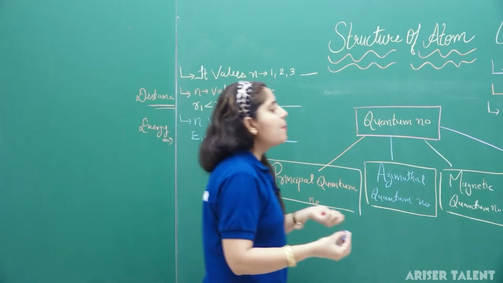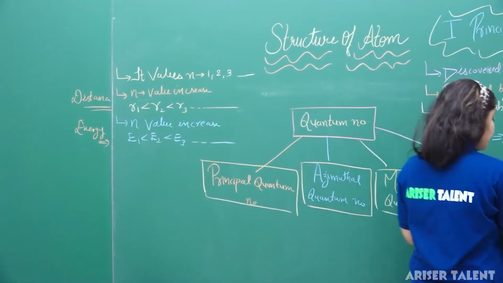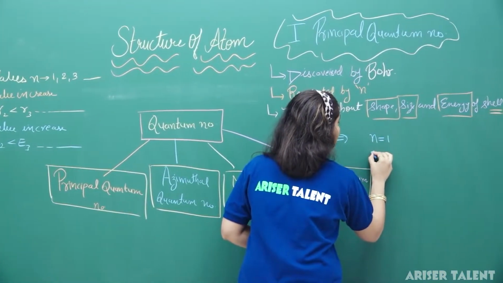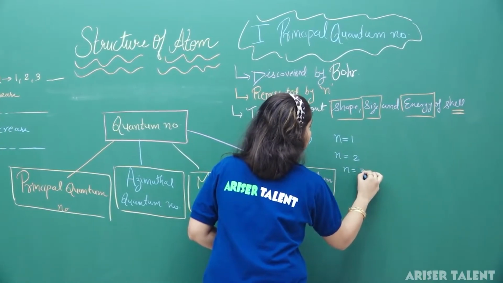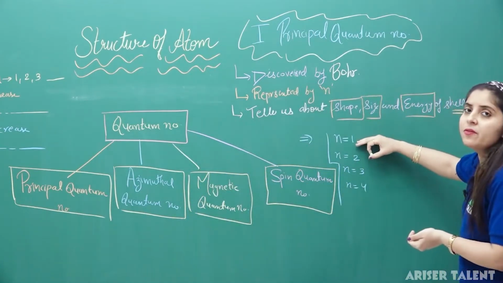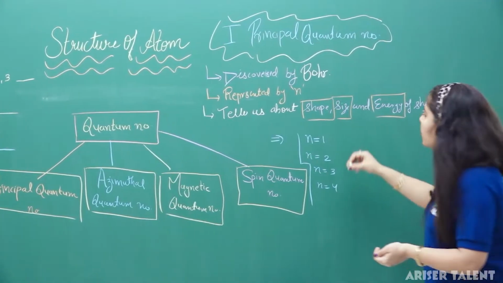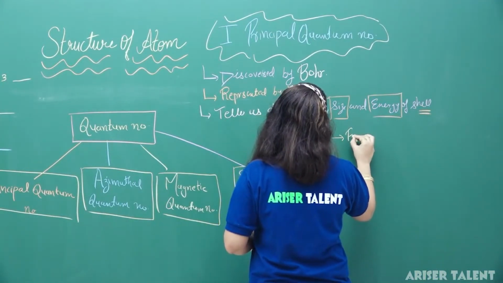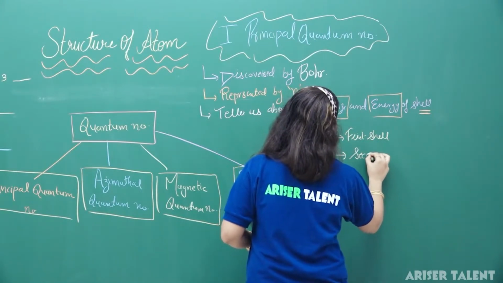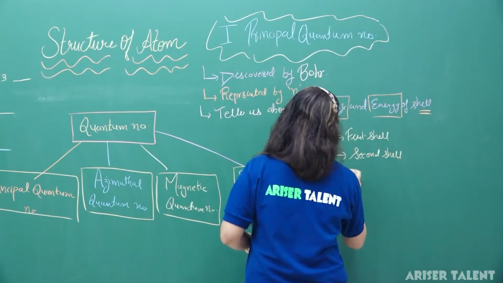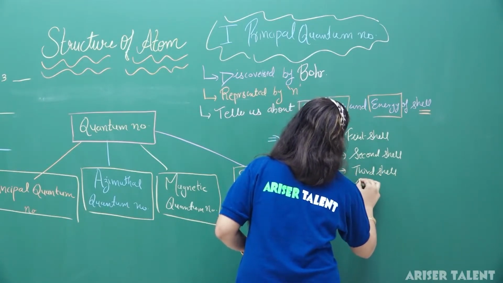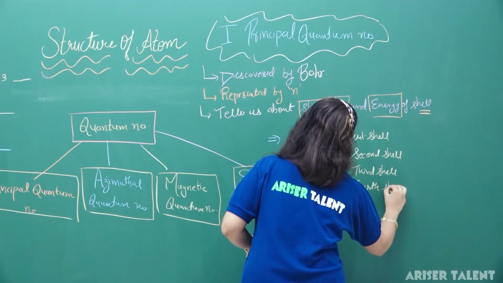So what we can say about the principal quantum number, that if I write n equal to 1, n equal to 2, n equal to 3 and n equal to 4, if we want to specify the principal quantum number by 1, 2, 3, 4, we may call it as n equal to 1 is called first shell, n equal to 2 is known as second shell, value of n equal to 3 is known as third shell and value of n equal to 4 is known as fourth shell.